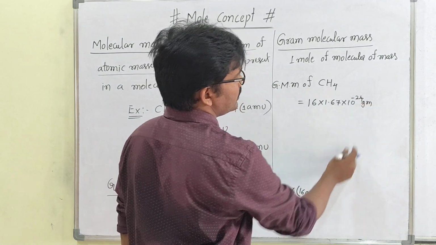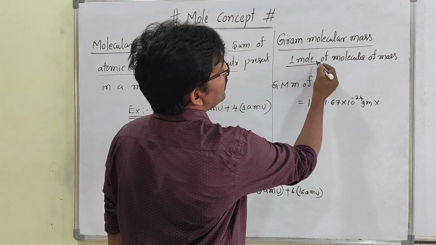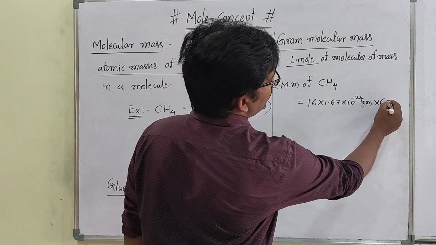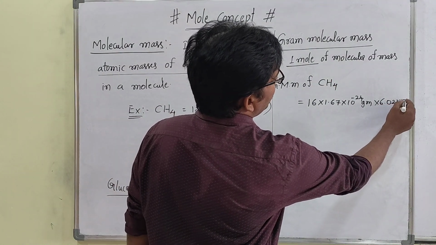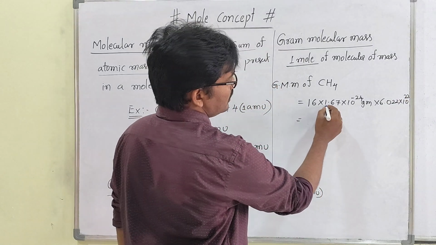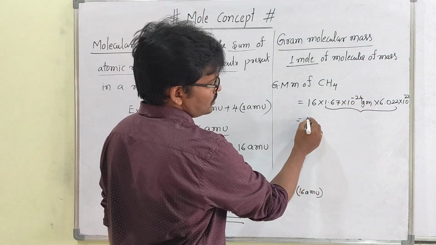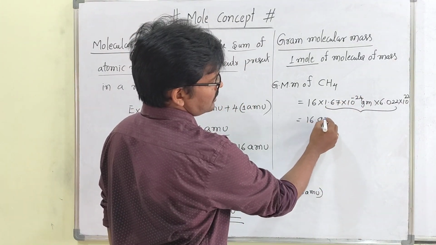Then we have to multiply by the Avogadro number, 6.022 into 10 to the power of 23, since it is 1 mole. When multiplied, the total value you get is 16 grams.